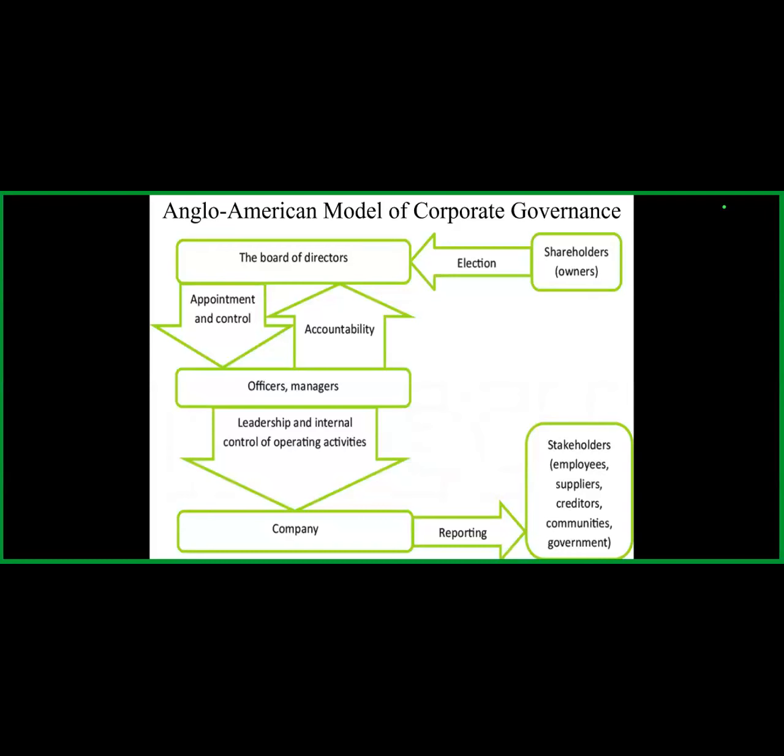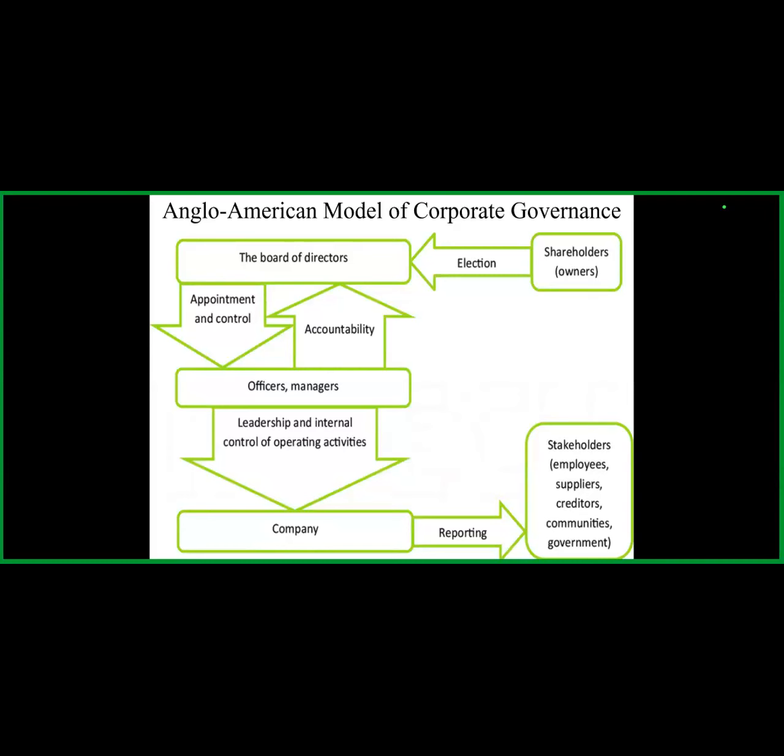Now, what officers and managers are supposed to do is leadership and internal control of operating activities. That also we had discussed: the board of directors are not directly involved in the day-to-day functioning of the organization.